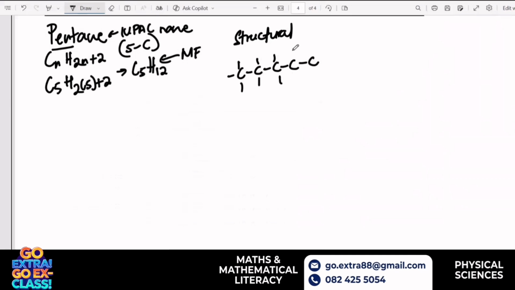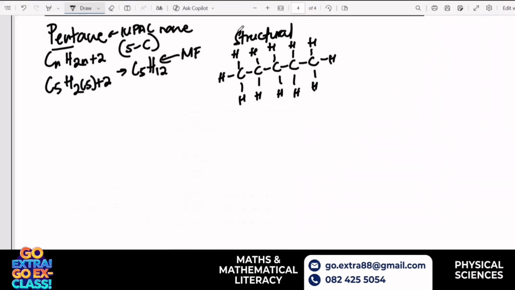So this is pentane, therefore all around these bonds we can add the hydrogens like this. So this is how the structural formula of pentane is going to look.